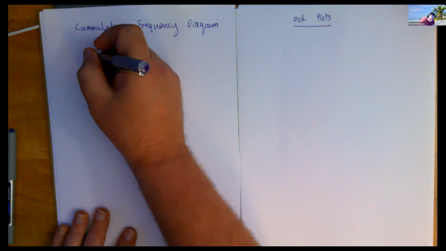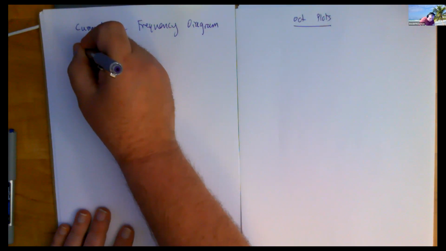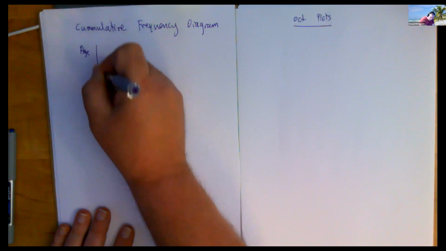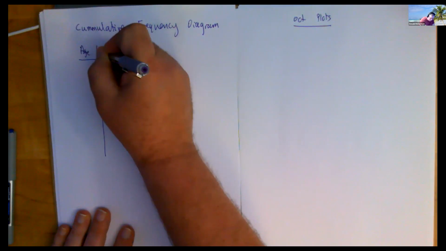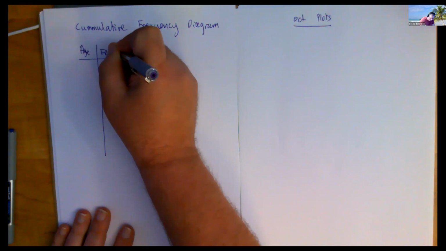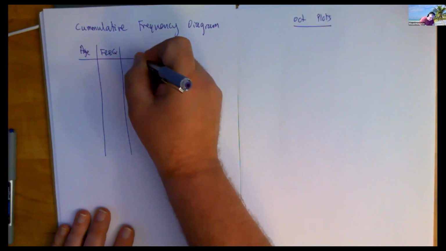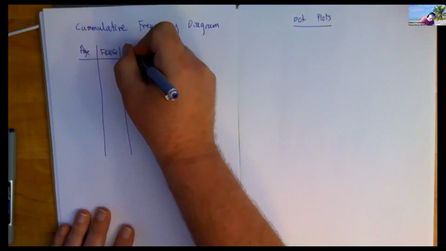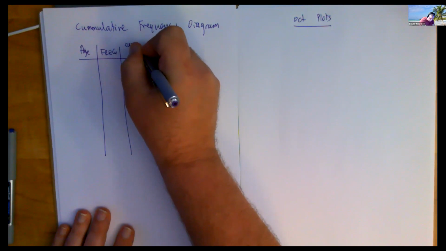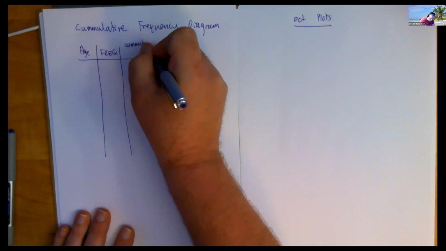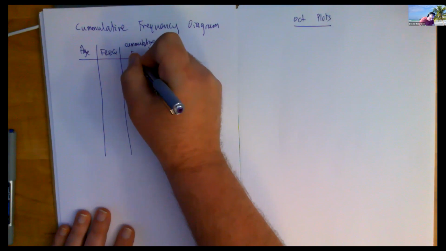Imagine that you've already collected data, and we'll have here age, and we'll have here frequency. And we'll have a third column, which is called the cumulative frequency.